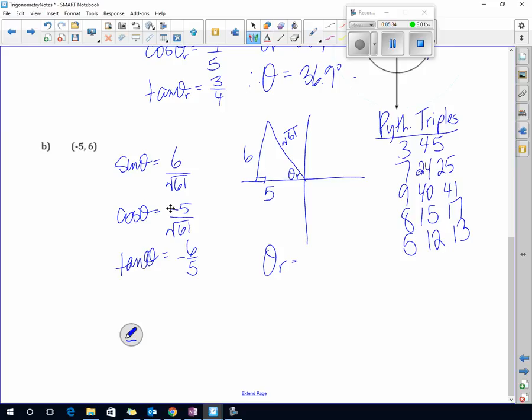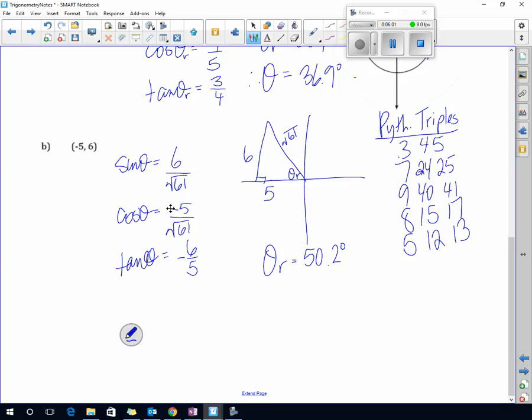Okay, so let's find this one. What do we get here? 50.2. If you do inverse cos of 5 over root 61, you'll get 50.2. If you do inverse tan of 6 over 5, you'll get 50.2. If you use the negative, you will not get 50.2. It'll put you in a different quadrant.